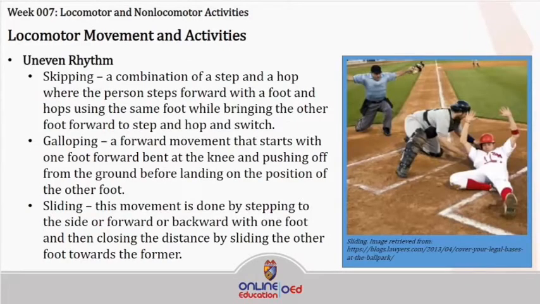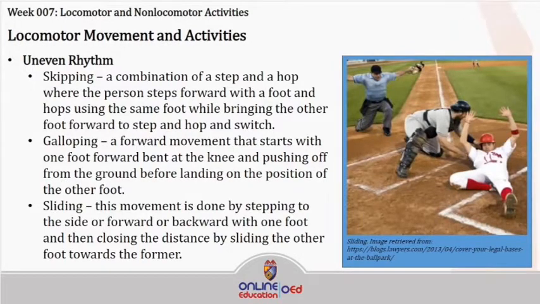Another example of locomotor movement and activities. These three locomotor movements are considered as uneven rhythm. First, skipping. A combination of a step and hop where the person steps forward with a foot and hops using the same foot while bringing the other foot forward to step and hop and switch.